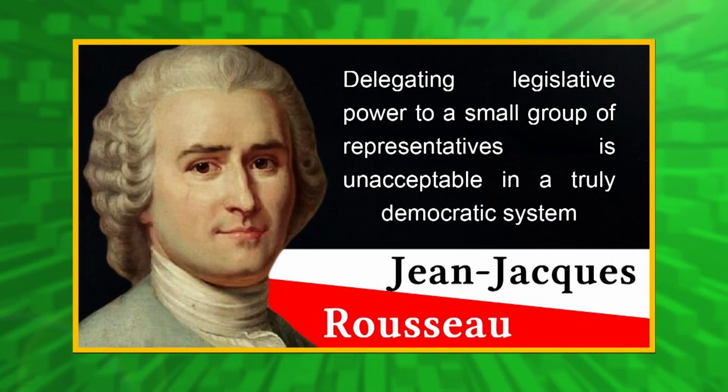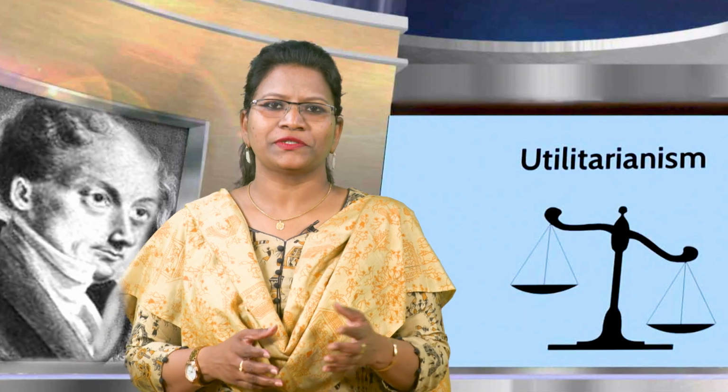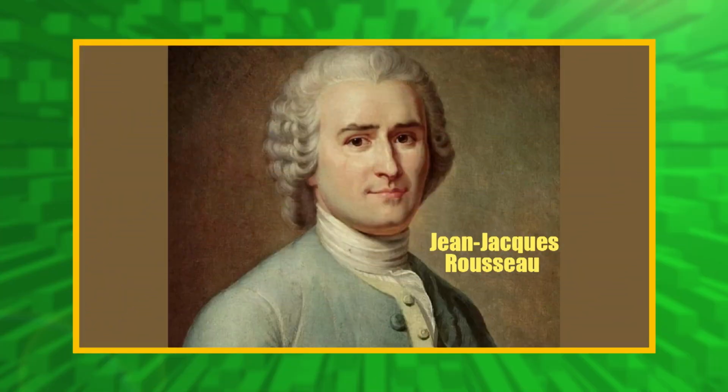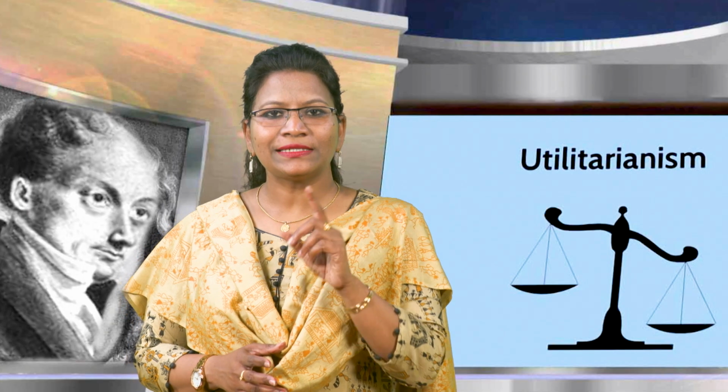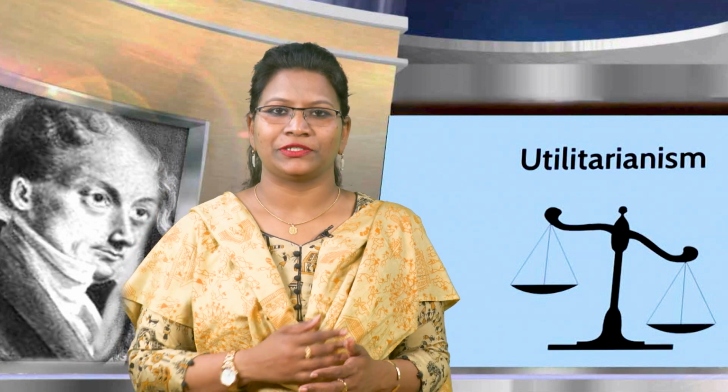Rousseau believed that delegating legislative power to a small group of representatives is unacceptable in a truly democratic system. He saw such delegation as loss of freedom for the citizens. Rousseau thus advocated for a radical participatory democracy governed by the general will of the people, which is ascertained based on active participation of all the citizens.